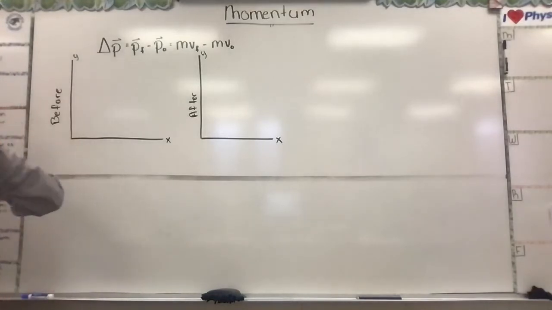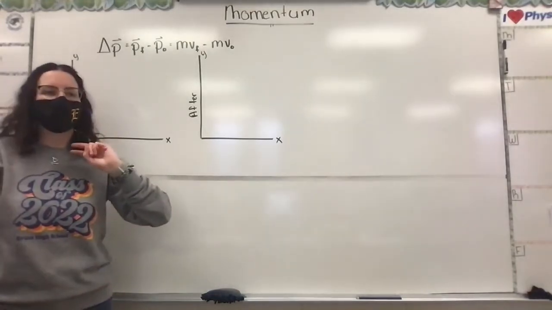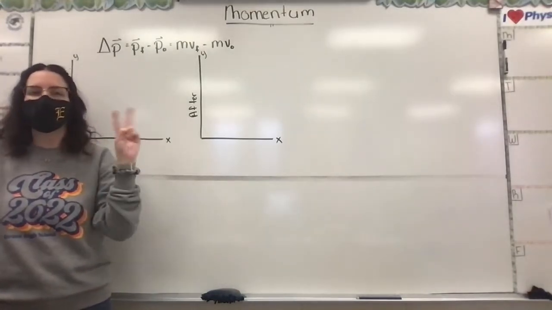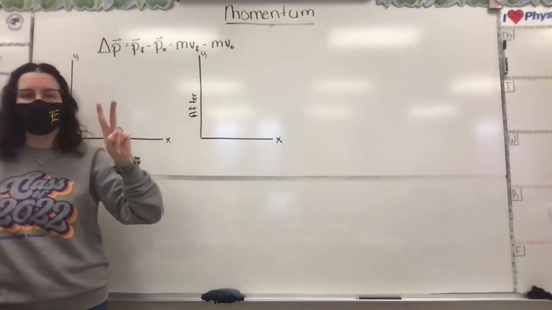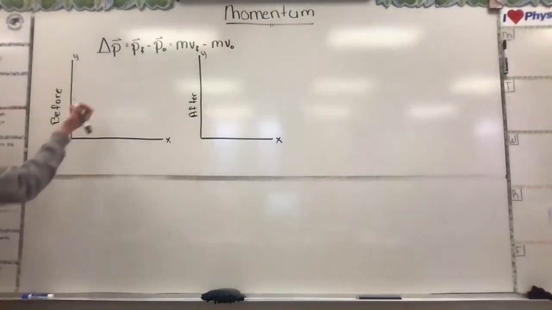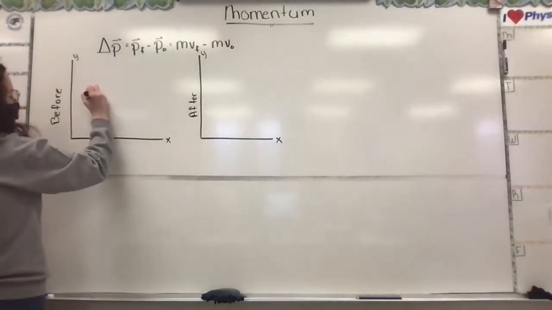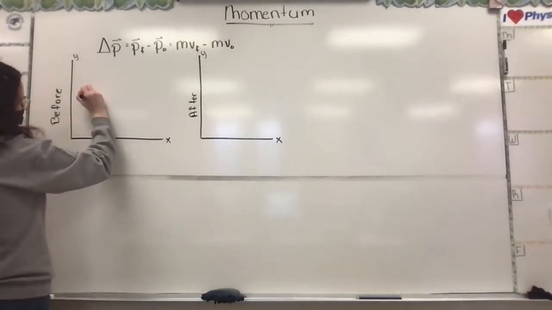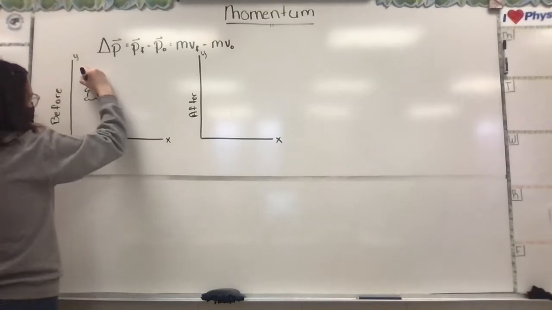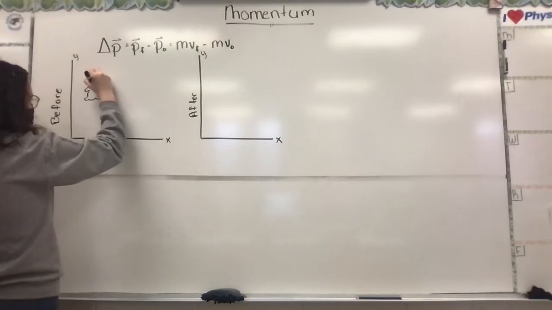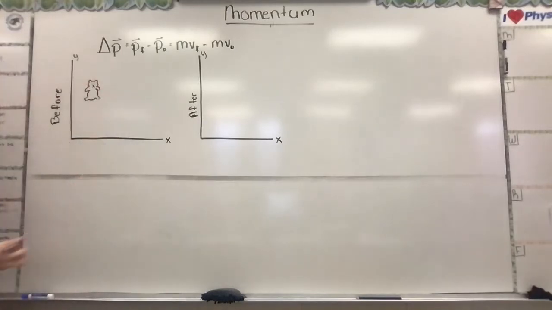Okay, so we are going to be calculating the change in momentum of two objects. One will be a Beanie Baby, one will be a rubber ball. So I'm going to try to draw a little Beanie Baby. That's a little bear.